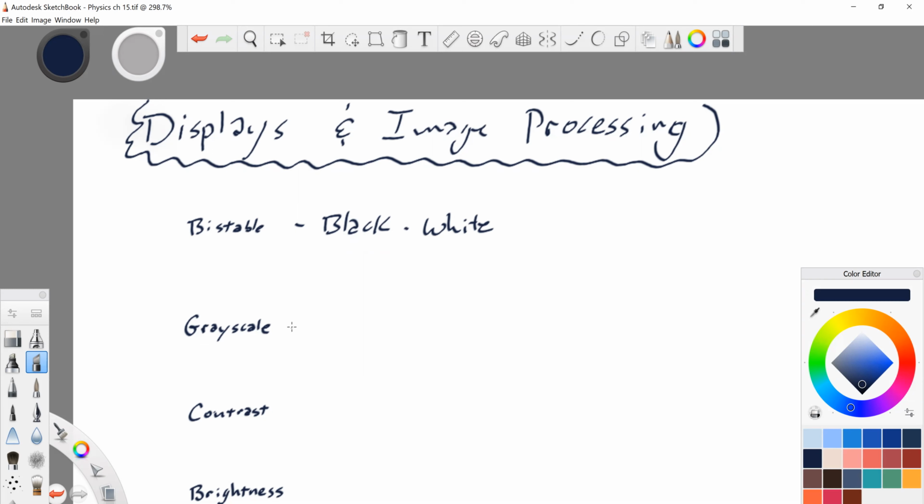Then we graduated to grayscale, where levels of echo intensity were able to display different levels of intensity in the z-axis, the imaginary axis that comes straight out at you.